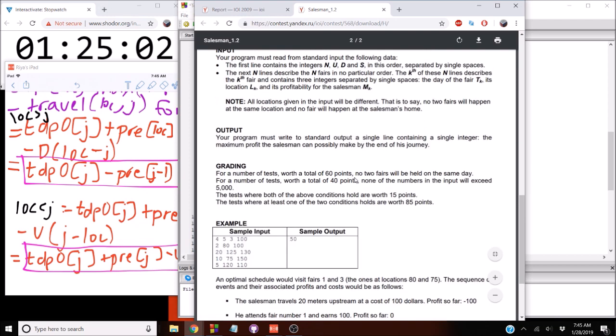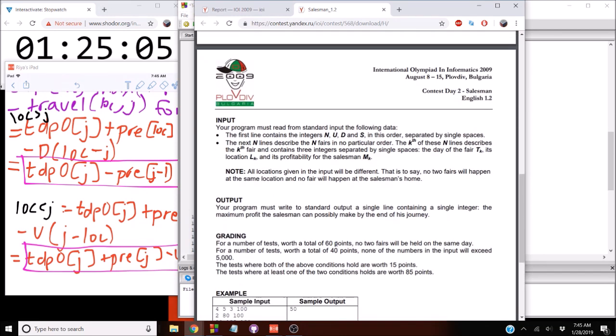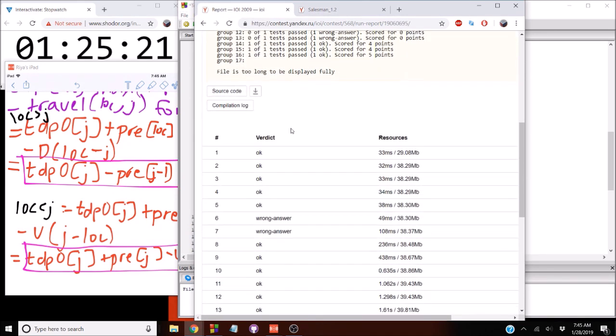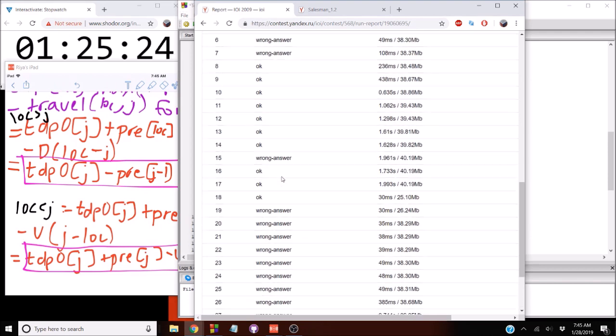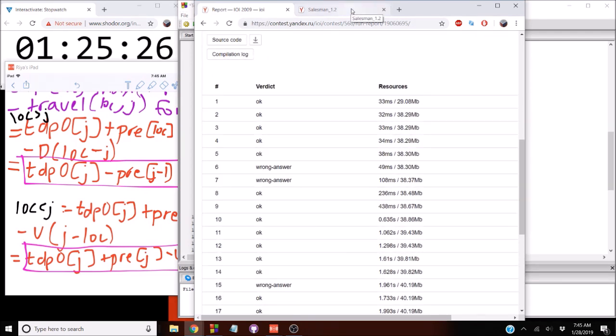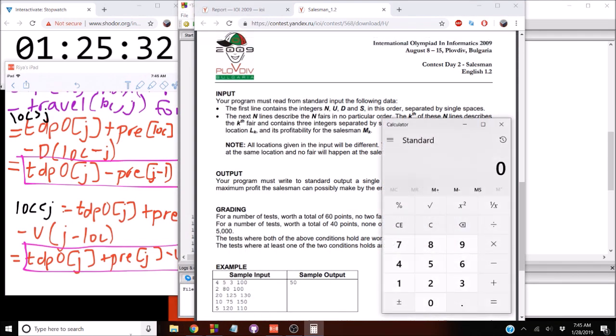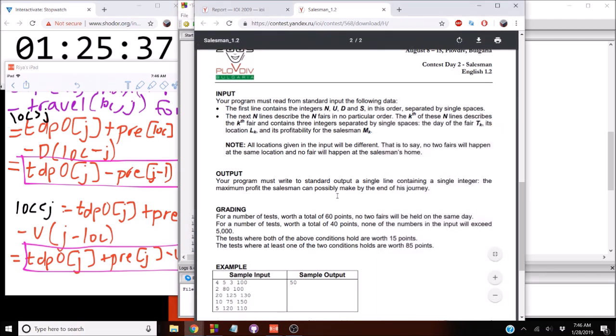Look at their subcases to see. 60, which is, I mean, I guess 18 out of 30 is about 60 points, I think. Wait. Oh yeah, 60 points. Cool. So I got most of them where they're not held on the same day.